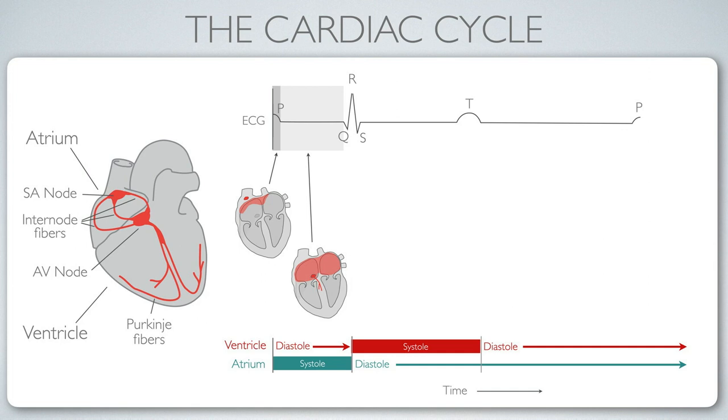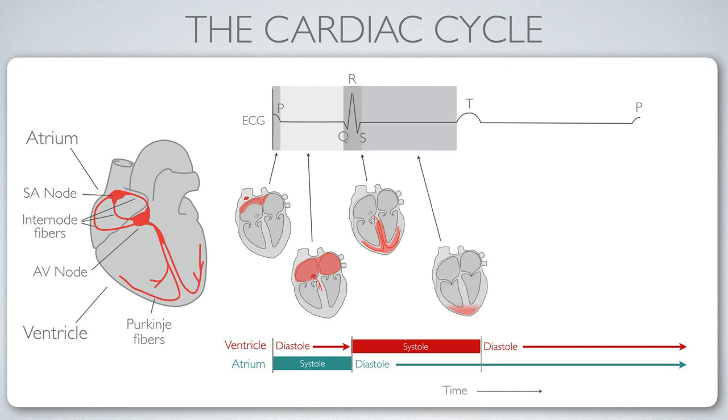Now the QRS complex is in part reflecting that repolarization, but also a depolarization of the ventricular musculature. So we have this transmission of the depolarization through the Purkinje fibers that then floods through the ventricular musculature, so that in this period of time between the S and the T waves, when the ECG is flat, the ventricular musculature is fully activated.